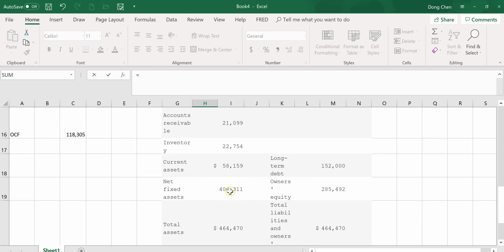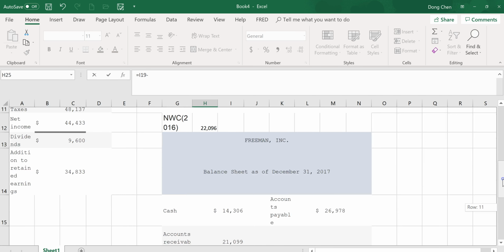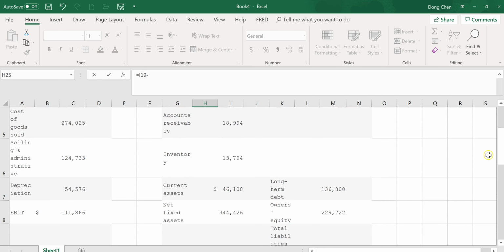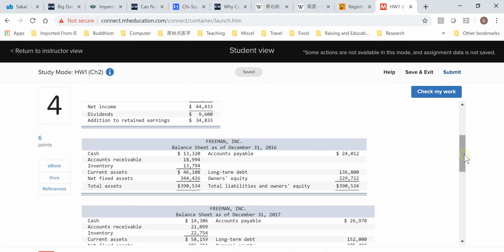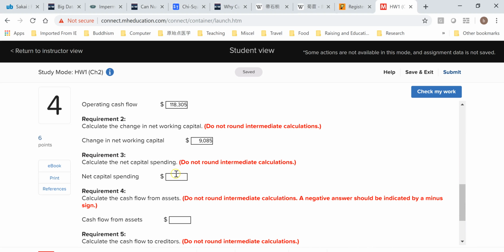So this is the 2017 level minus the 2016 level, and then add the depreciation. It's right here, and that's my number, net capital spending. So copy this number back, and that's the answer.